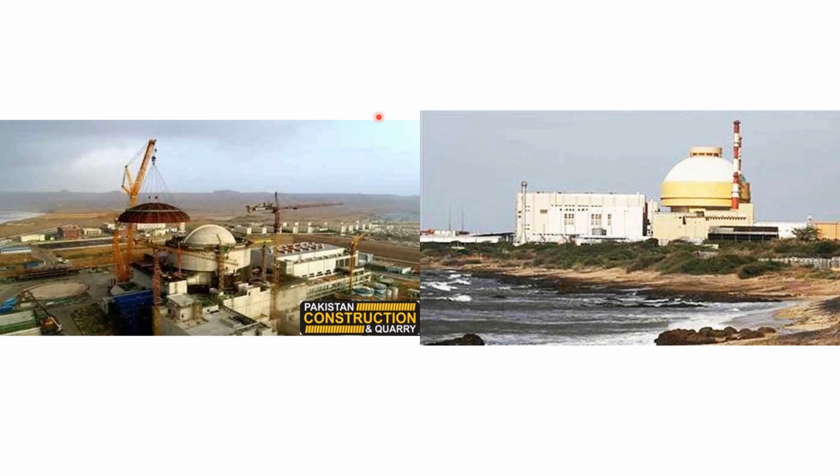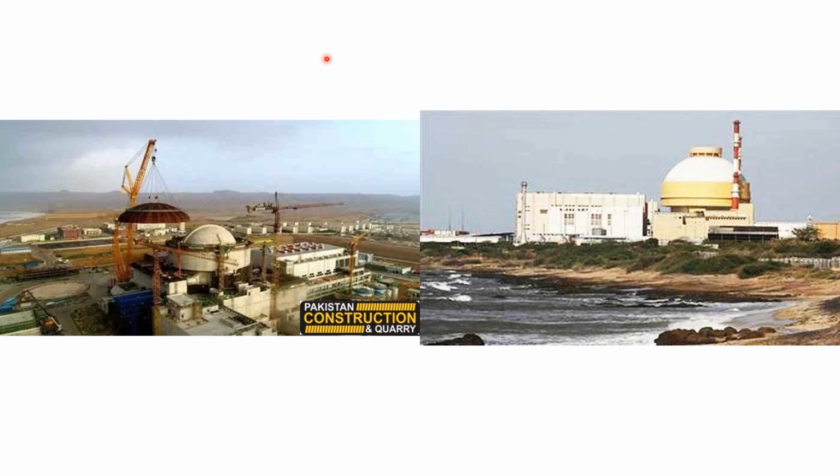So right here in these figures, you can see the 137 megawatt Karachi nuclear power plant, KANUPP, with CANDU reactors, and this plant is undergoing capacity extension. After this capacity extension, this plant will be capable of producing 2200 megawatts or 2.2 gigawatts of power.